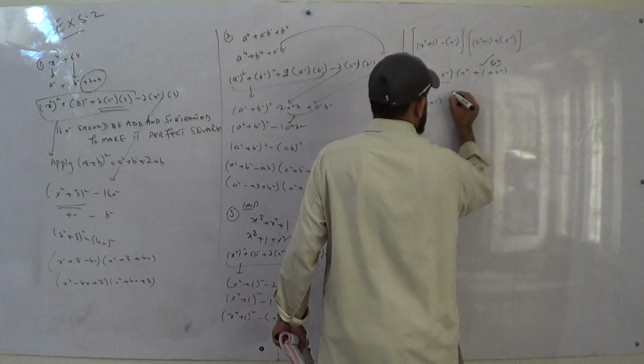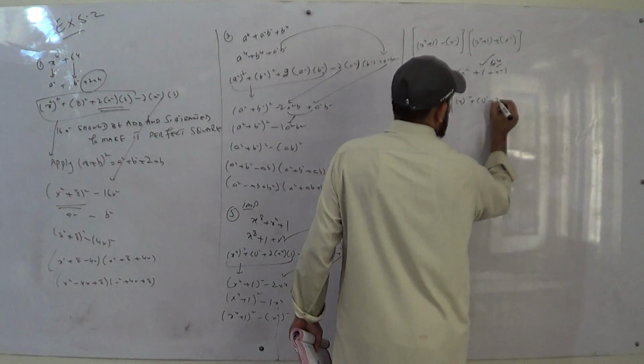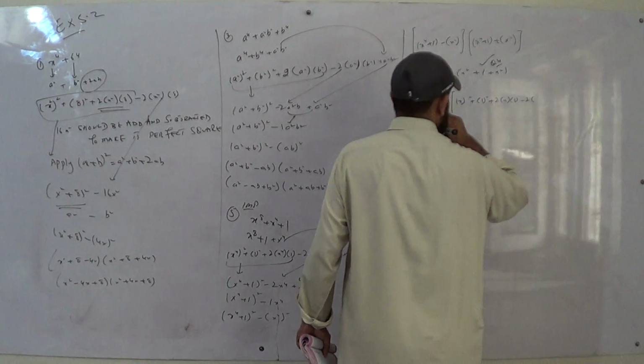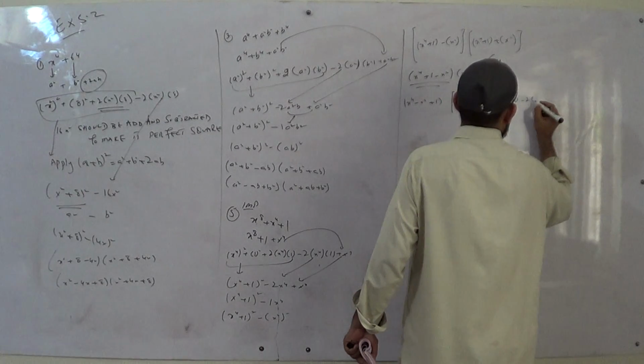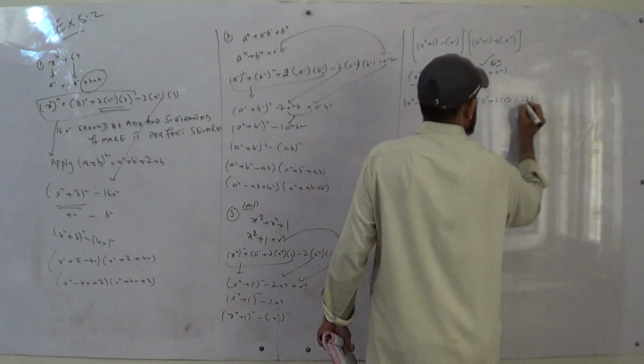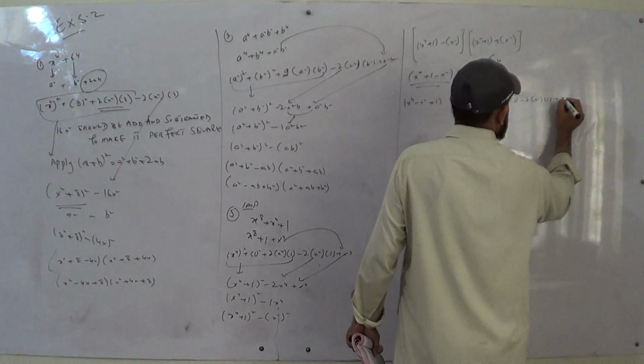Now again a square plus b square plus 2ab minus 2ab plus x square.